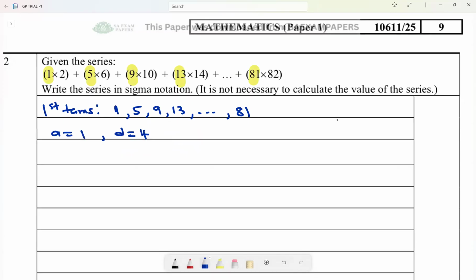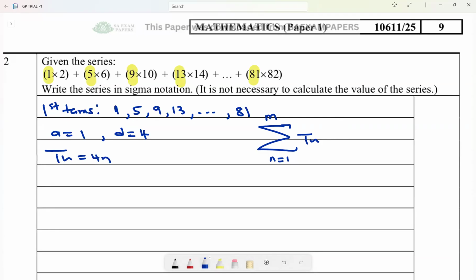Okay, and then let me find the Tn for that. Remember, guys, on sigma, by the way, it is n. Let me say n is equal to something, and then whatever value here, and then Tn. So let me find the Tn of the first terms. Tn is going to be a plus n minus 1 d. But what I'm going to do, I'm going to say the difference is 4.